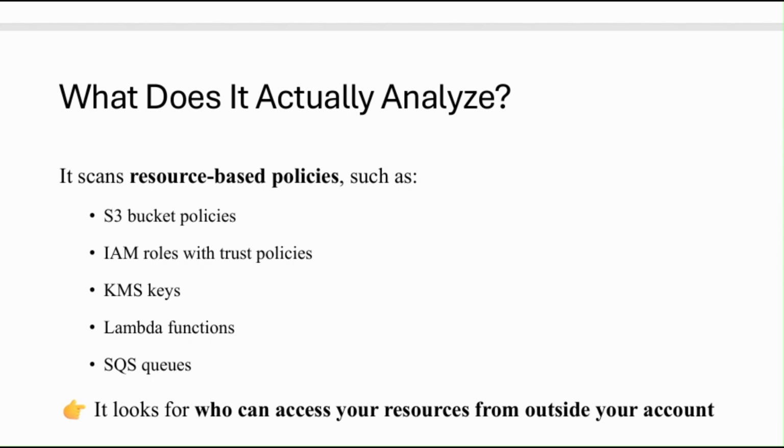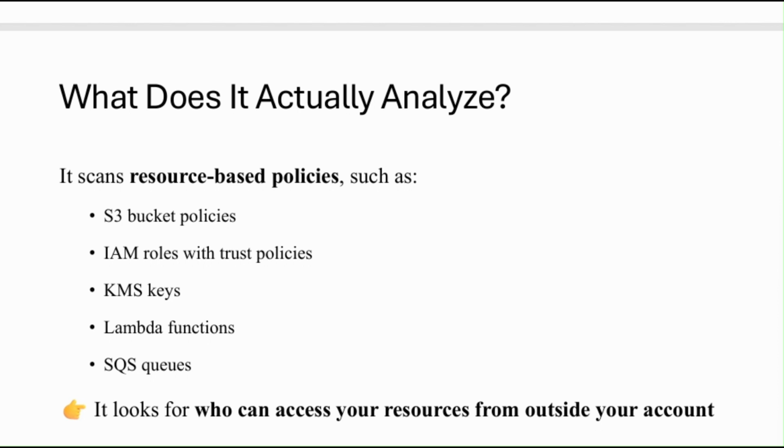The resources it checks are S3 buckets, where you are storing your files, IAM roles, so these are like job roles for AWS services, KMS keys, these protect secret data using encryption, Lambda functions, these are small programs that run in AWS, and queues, these are like message boxes that hold messages.